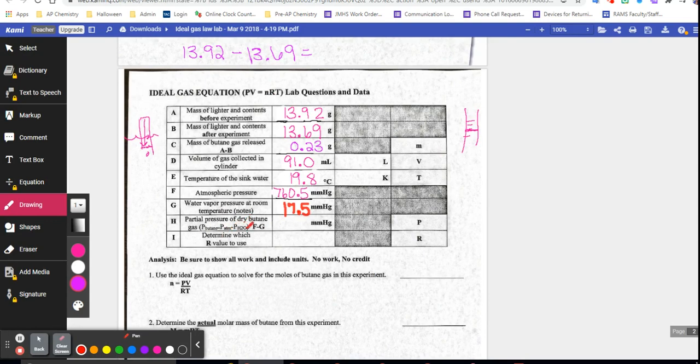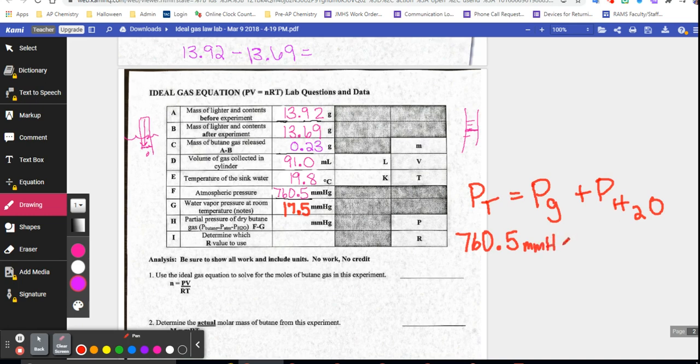So, partial pressure of dry butane. As you can see, looking here, it says ATM minus H2O, so atmosphere minus water. That is because the total pressure, so one more time, pressure total, pressure gas, pressure H2O, the pressure total was our atmospheric pressure. And that was our 760.5 millimeters of mercury.